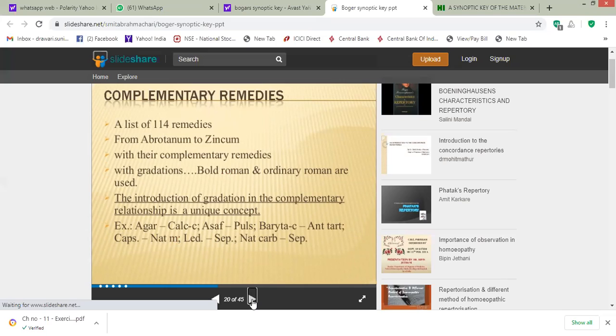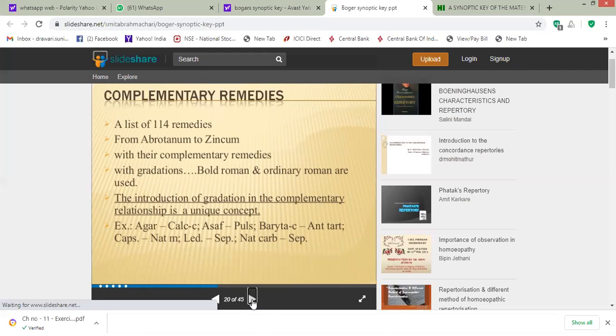It is also arranged alphabetically from A to Z, with the complementary remedies having gradations. For indicating the complementary remedies, they have used two types of gradation, that is bold Roman and ordinary Roman. The introduction of gradation in the complementary relationship is a unique concept.